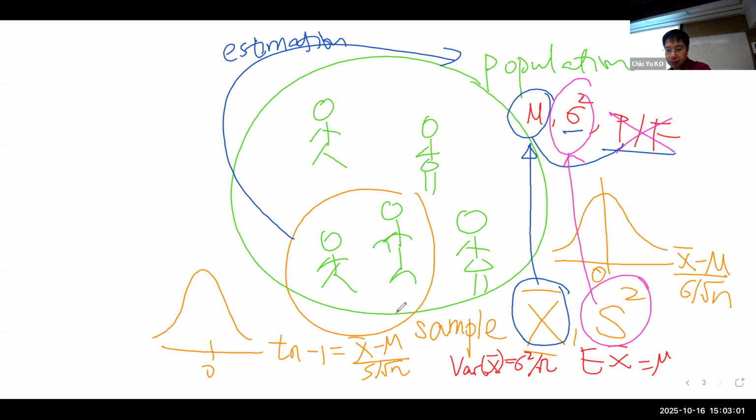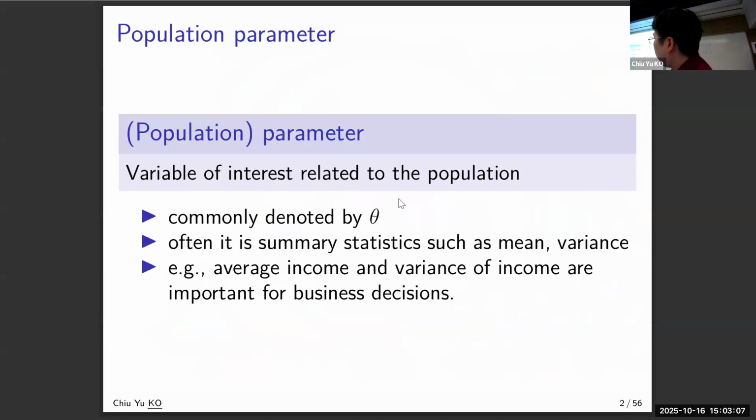So that's the idea. Now let's get back to what we're doing, estimation. For estimation, the terminology is called population parameter. A parameter is some description about the data.